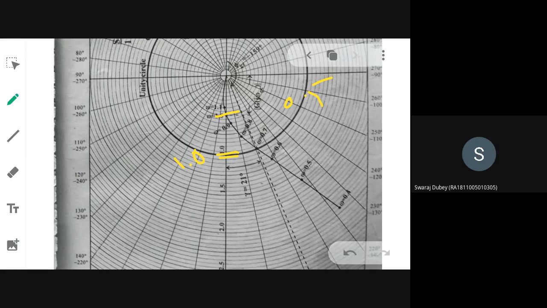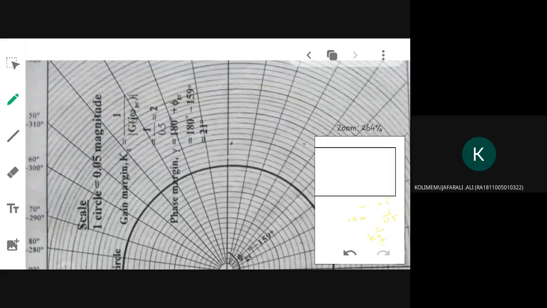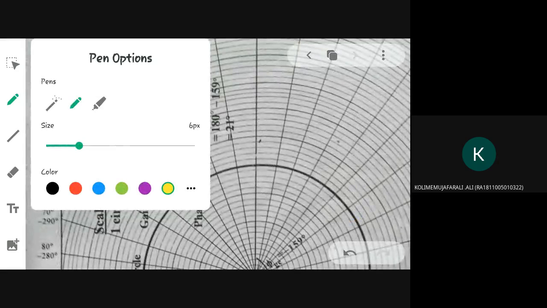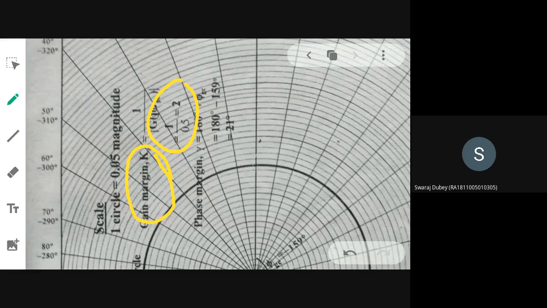The reciprocal of that will be equivalent to Kg. What is 1 divided by 0.5? 2. So that is called the gain margin. That is how you will be finding out gain margin.